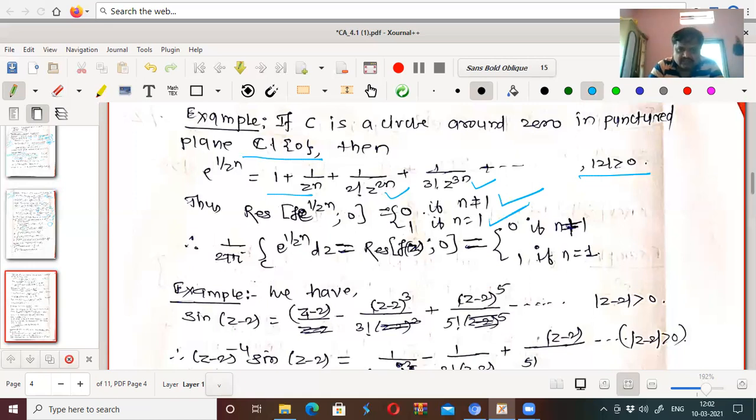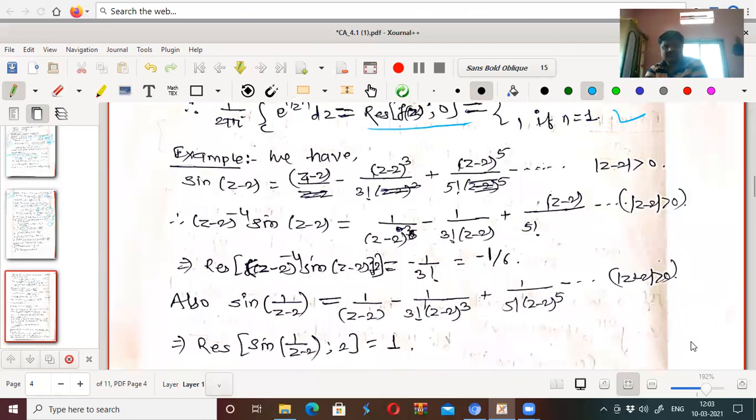Therefore, the integral over C of e^((1/z)^n) into 1 upon 2πi dz is nothing but the residue of f(z) at 0, and it is equal to 0 if n is not equal to 1, 1 if n equal to 1. So we get the formula for 1 upon 2πi integral over C e^((1/z)^n): it is 0 for n not equal to 1, 1 for n equal to 1.